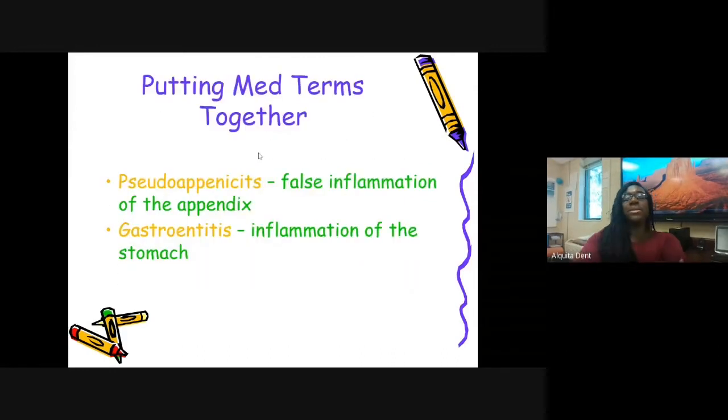Okay, so if you're able to break down or read a medical term, you're also able to build them. So we'll spend some time practicing that. So here's the term, pseudoappendicitis, which I left the D out. Spelling, that's not okay. We learned about not making spelling errors. But pseudoappendicitis is false inflammation of the appendix. Who would have thought? Pseudo means fake.